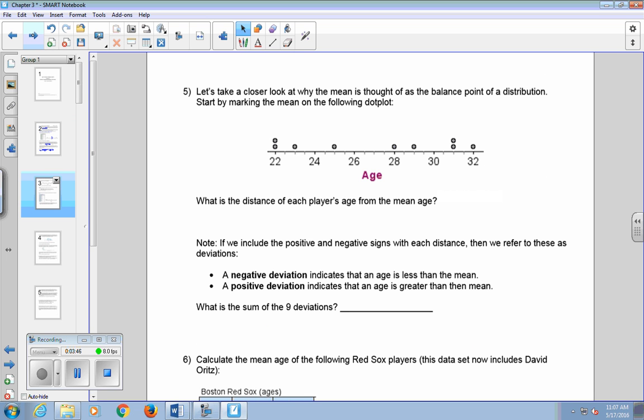Now, let's take a closer look at why the mean is thought of as a balancing point. So let's mark this mean on our dot plot. So here's my mean right here. That's X bar equals 27. And we can see, why is this the balancing point?